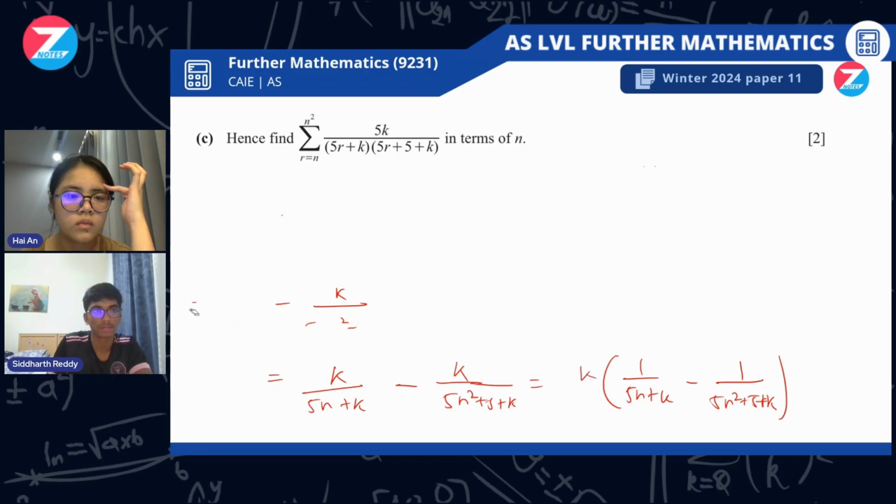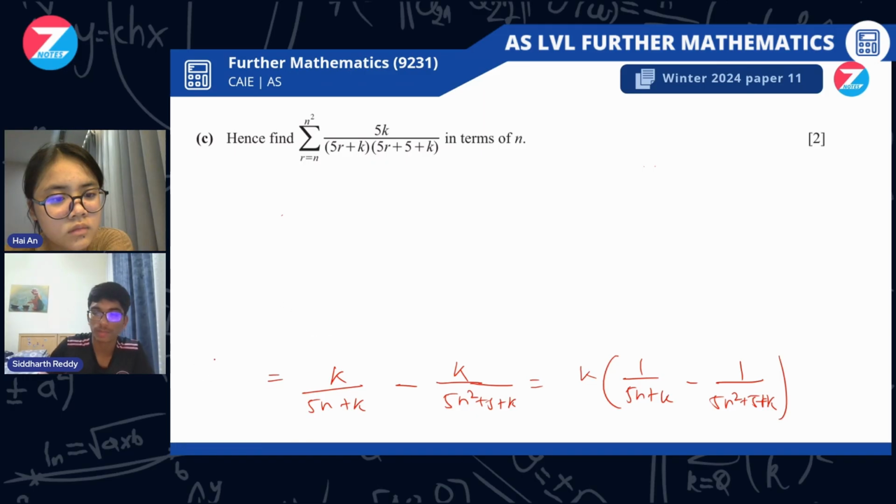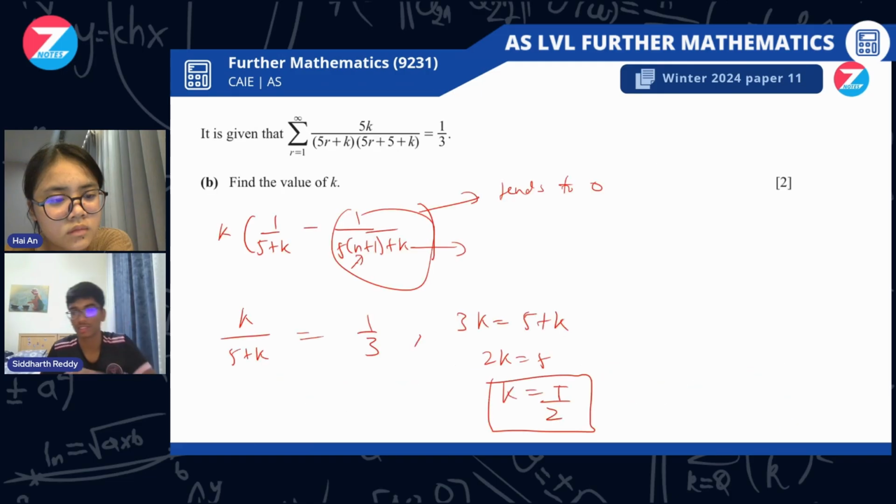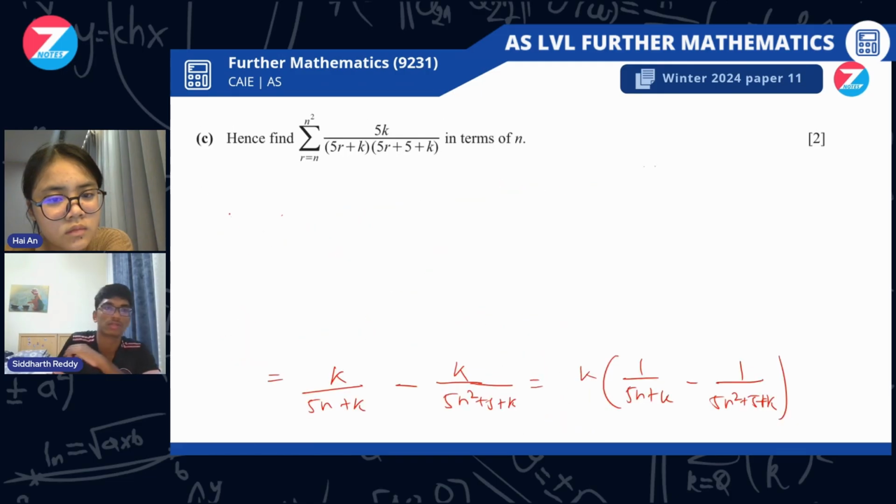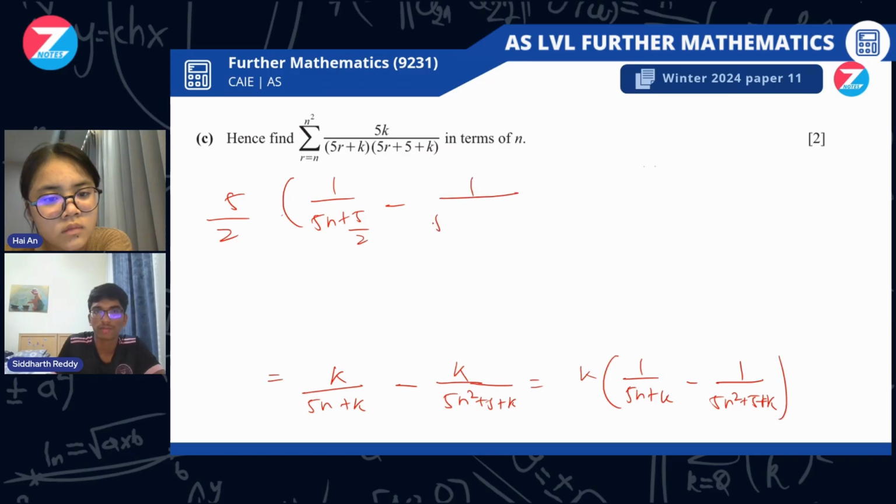So let's do that. Remember from the previous part that we were able to solve that k is equal to 5 by 2. So after substituting that, we have 5 by 2 into 1 by 5n plus 5 by 2 minus 1 by 5n squared plus 5 plus 5 by 2.